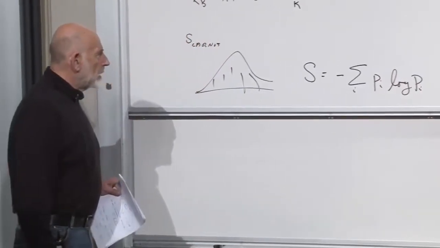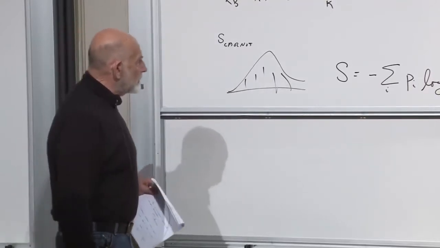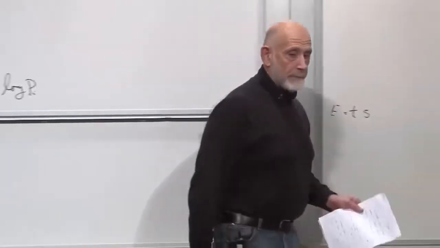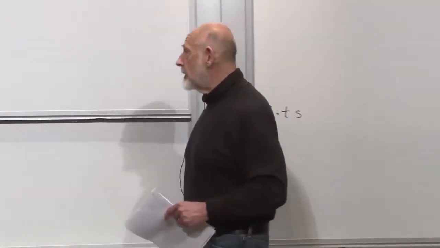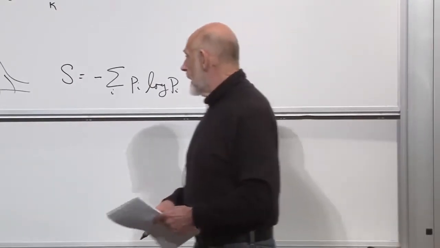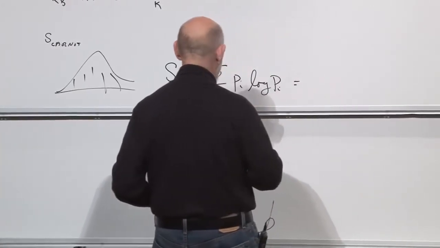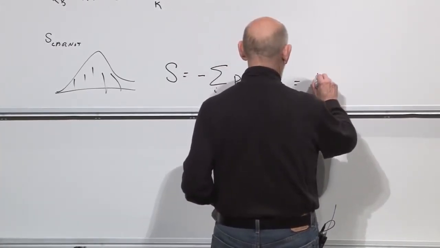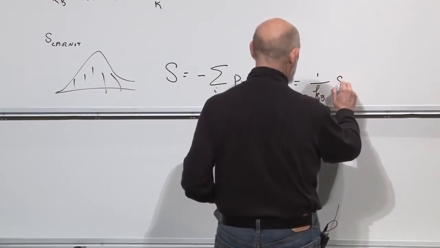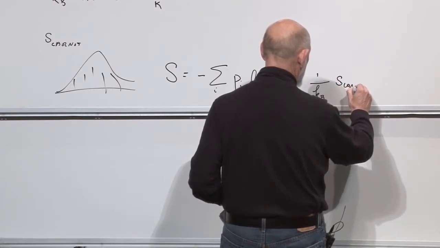That's what we called entropy. What's the connection between Carnot's entropy and this, Boltzmann's entropy? The connection is simply a factor of K Boltzmann, and it is such that this is equal to 1 over K Boltzmann times Carnot's quantity.